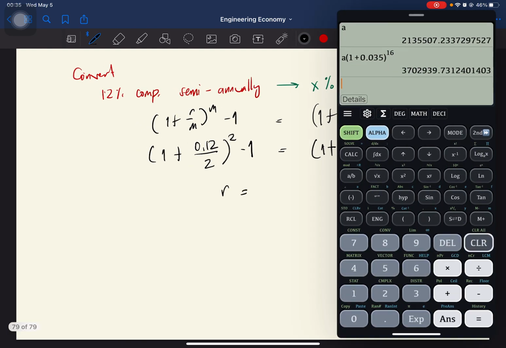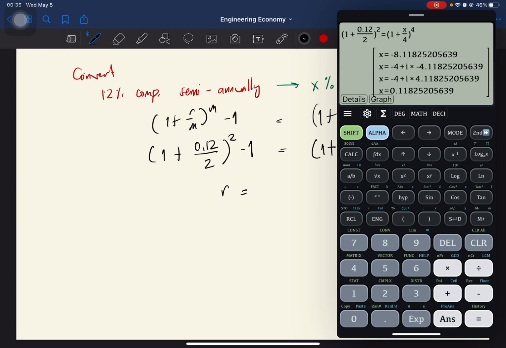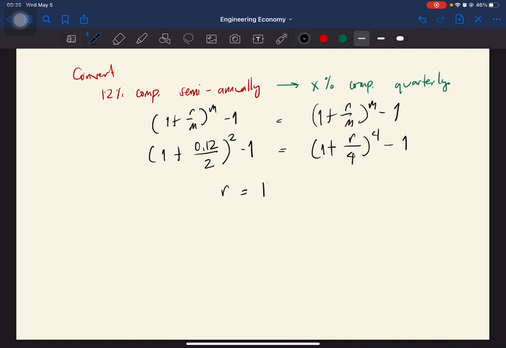Hindi ko nasama yung minus 1 sa kabilang side, ha? Oops, kulang ng decimal point sa kabila. So that's 11.8252. 11.8252% compounded quarterly.